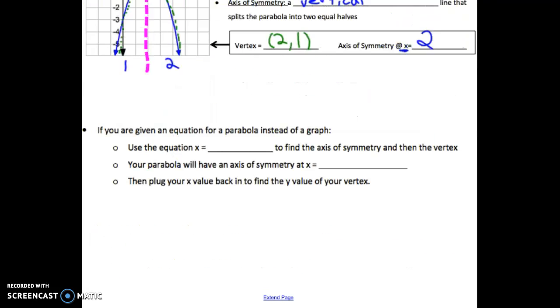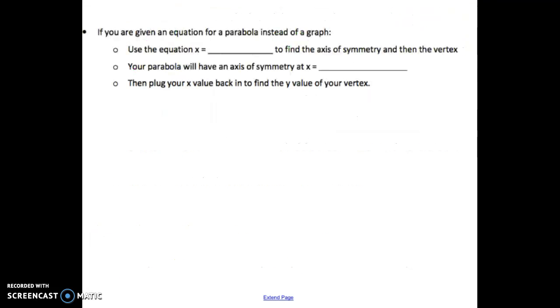To finish off this video and these notes, let's continue. If you're given an equation for a parabola instead of a graph, use the equation x = -b over 2a to find the axis of symmetry and then the vertex.